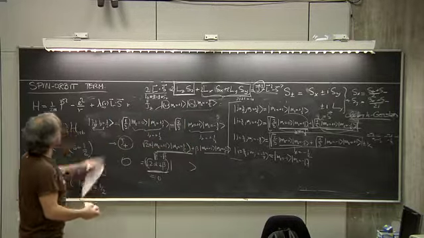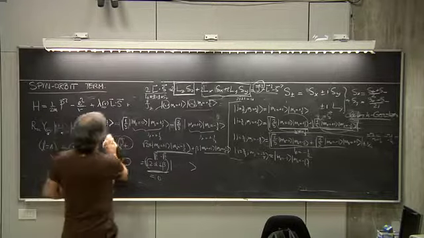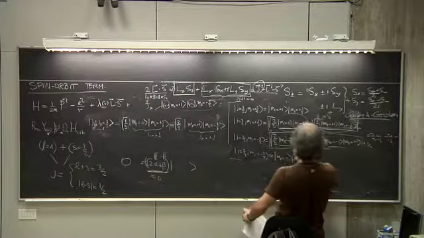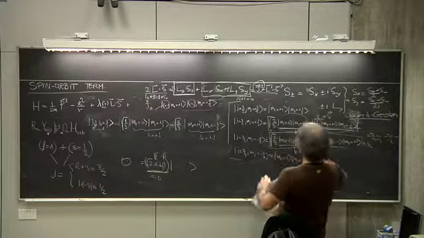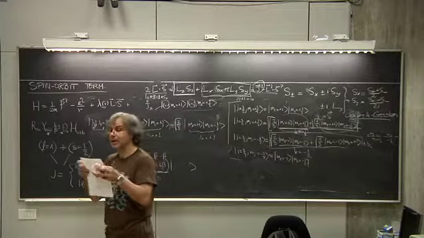And obviously, if I calculate the J minus of this, I get two other states that are made of the same ingredients with two new coefficients and a minus sign between them. Should I write? Why not?